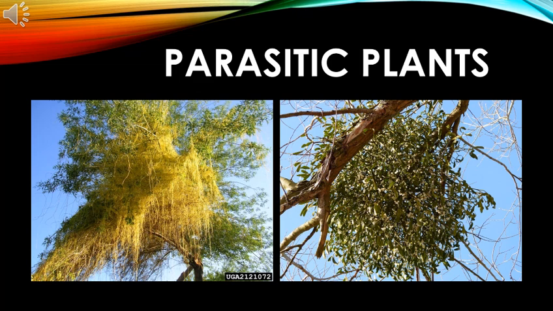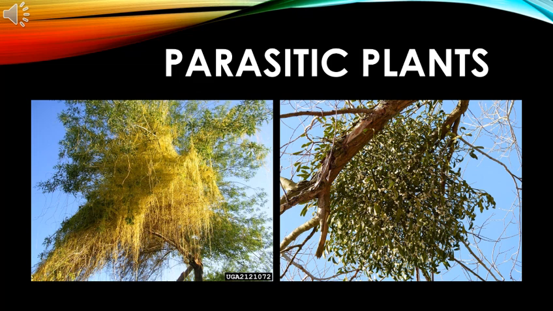The plant which is providing the other plant the food is the host, and the plant which is taking that nutrition without working is called parasite. The parasitic mode of nutrition involves an interaction between a host and a parasite. Parasitic plants usually develop long roots to penetrate the tissue of the host plant.